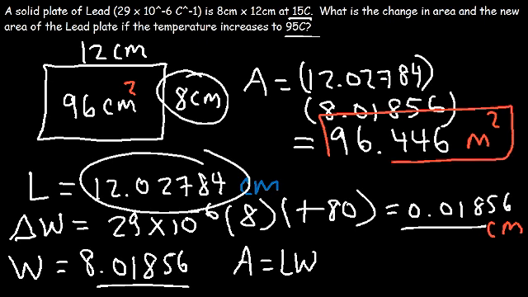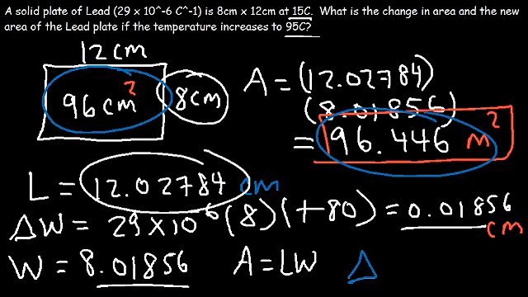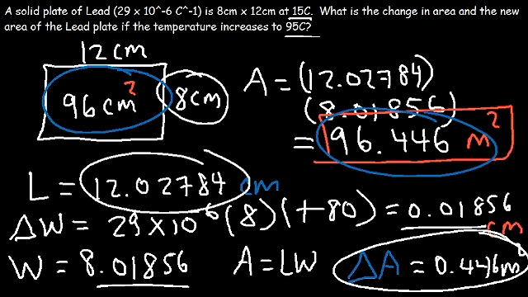So therefore the change in area is the difference between these two values. So delta A is about 0.446 square meters. If you want to come up with a formula that can help you to get this answer, here's what you need to do.